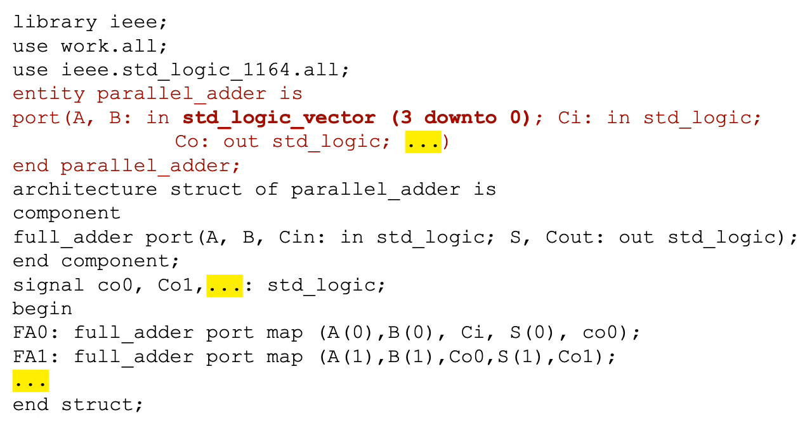So full underscore adder, then you copy the port line of code from the previous slide as it is and then paste it here. So you don't have to retype anything. It's important that you paste it as it is.